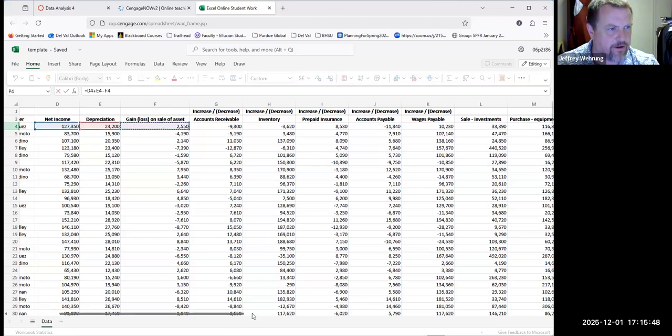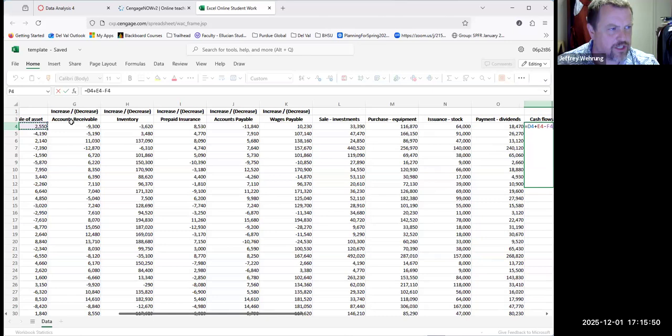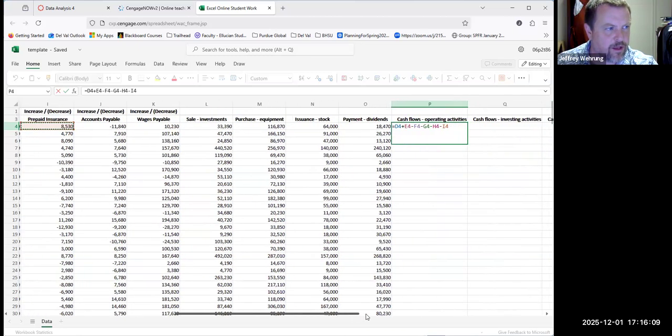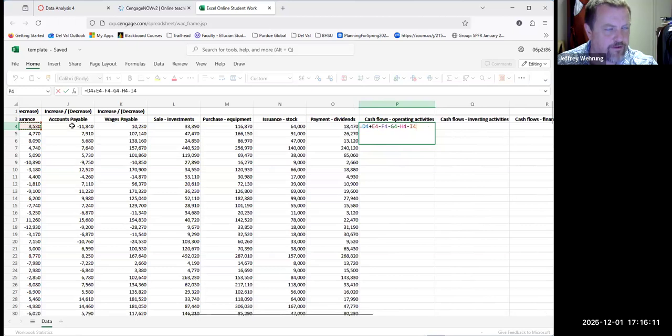Now we look at our changes. Any of our changes in our asset accounts on our balance sheet, if it goes up for an asset, then our cash went down, right? So we're going to do minus that, minus that, minus that. And then for our liability accounts, if it goes up, our cash goes up.